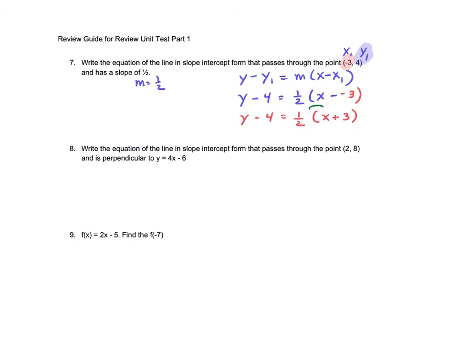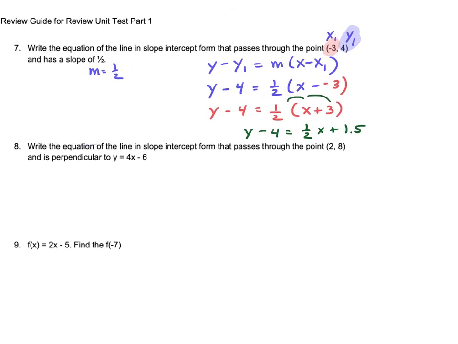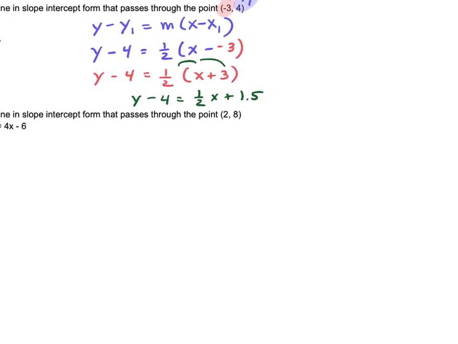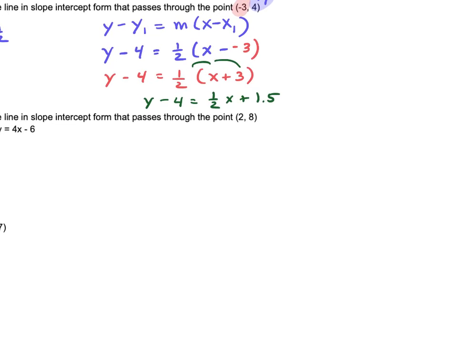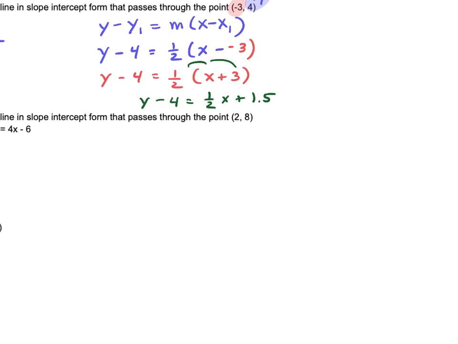We have to do a little distributing here. Y minus 4 equals a half of an x, and half of 3 is, I'm going to write it as 1.5. Calculator can do that for you. Just take 0.5 or a half times 3. It'll tell you it's 1.5. Let's slide him over if we can.